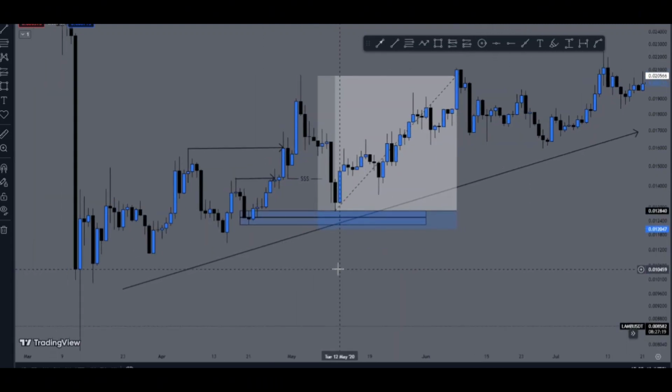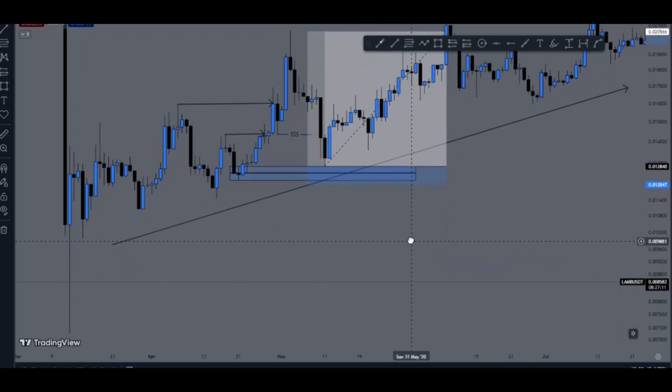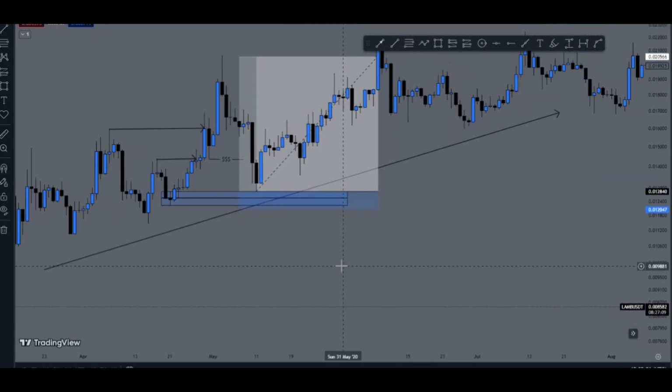If you have any question, you can just drop it in the comment section, and I'll explain more further for you guys. This is the basic I'm showing you, how you can spot supply and demand in the market as a beginner, and how you can use it to find a trade setup.